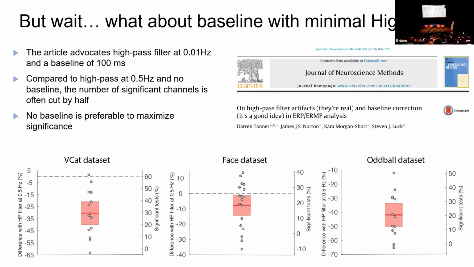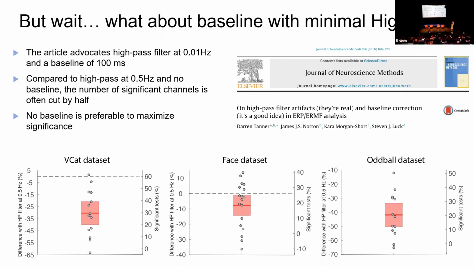Then there was another paper where they were looking at a minimal high-pass filter with a short baseline. So they used 0.01 hertz and a baseline of 100 milliseconds. And then Arno compared those values to just using a high-pass filter at 0.5 hertz and not using a baseline.